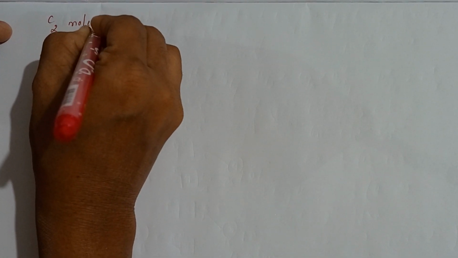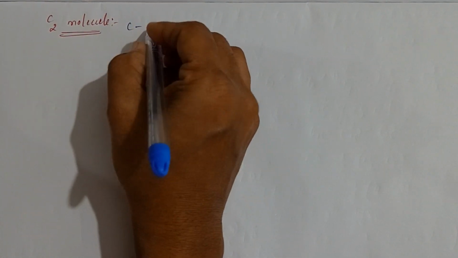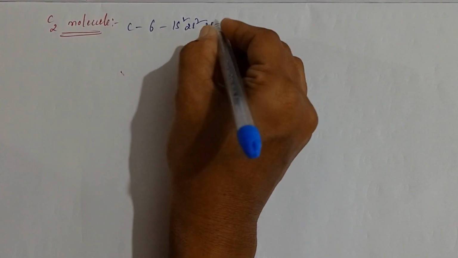Now we are going to discuss the C2 molecule. See here, C2 molecule. Now tell me, students, the carbon atomic number? Carbon atomic number is 6. Electronic configuration 1s2, 2s2, 2p2.